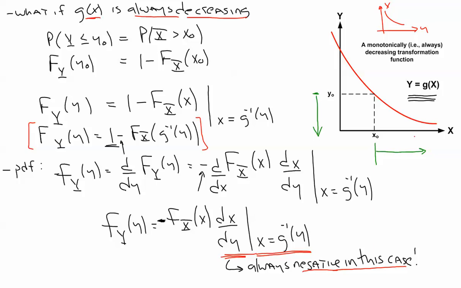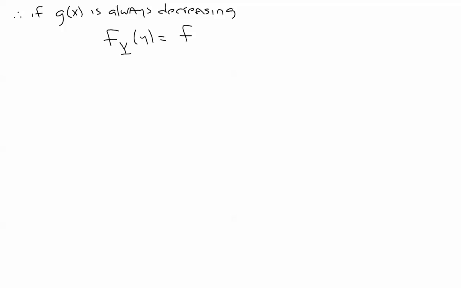Okay? So, g of x is always decreasing, and then for the probability density function, that minus sign which preceded the probability density function for x can be absorbed into the derivative of x with respect to y, and we can just call that an absolute value.